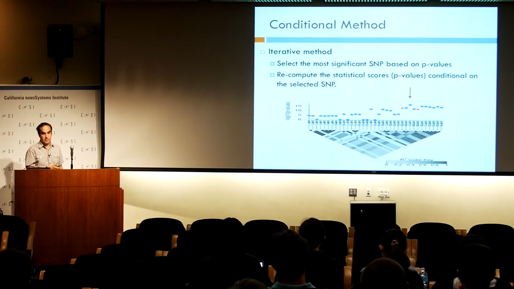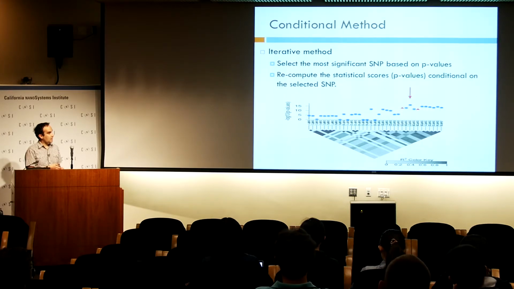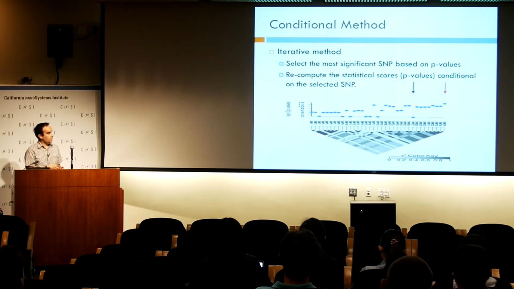The other popular method is called the conditional method, and this is widely used. It's an iterative approach. You select the top SNP, and then you recompute the statistics conditioning on that top SNP. So in your second round, you say this is one causal variant, you pick it, and then you find the highest next one. You repeat that process, and that set is your causal variants.